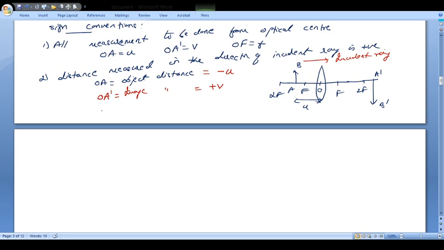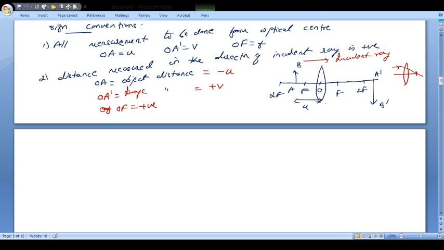Now when you talk of focus, see here, your incident ray is in this direction, and a convex lens will be converging the rays. If you have a ray, this is your incident ray, then it will converge, so the focus you consider is on the other side. So here you will find that your focus, that is OF, is positive.